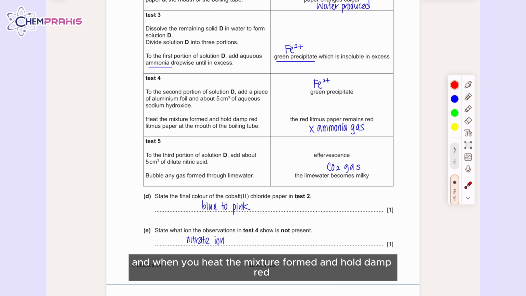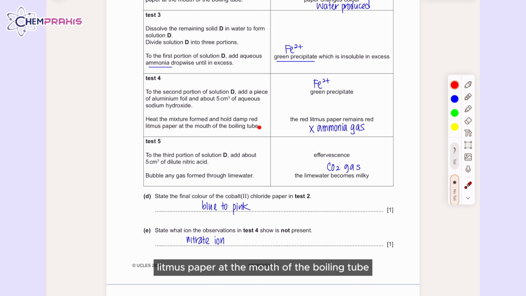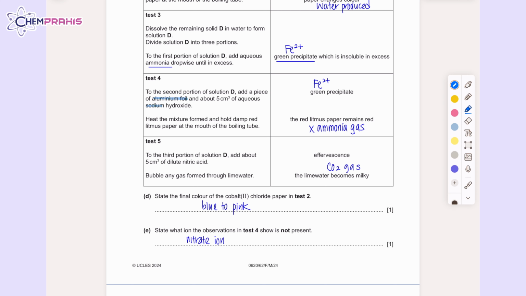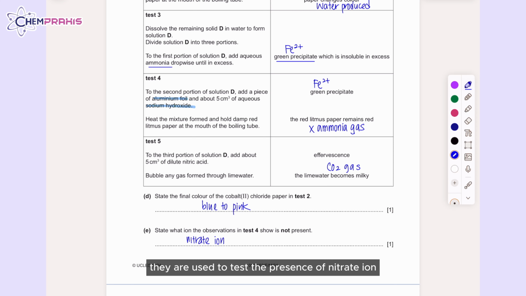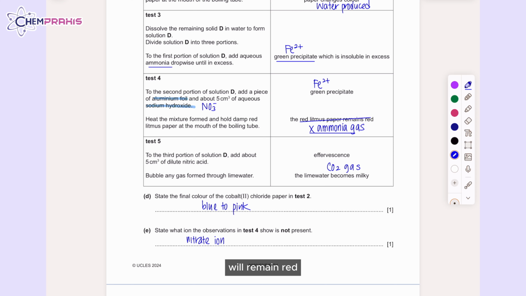And when you heat the mixture and hold damp red litmus paper at the mouth of the boiling tube, the red litmus paper remains red. For information, aluminium foil and sodium hydroxide are used to test the presence of nitrate ion. So if there is no nitrate ion, no ammonia gas is released, and the red litmus paper will remain red.